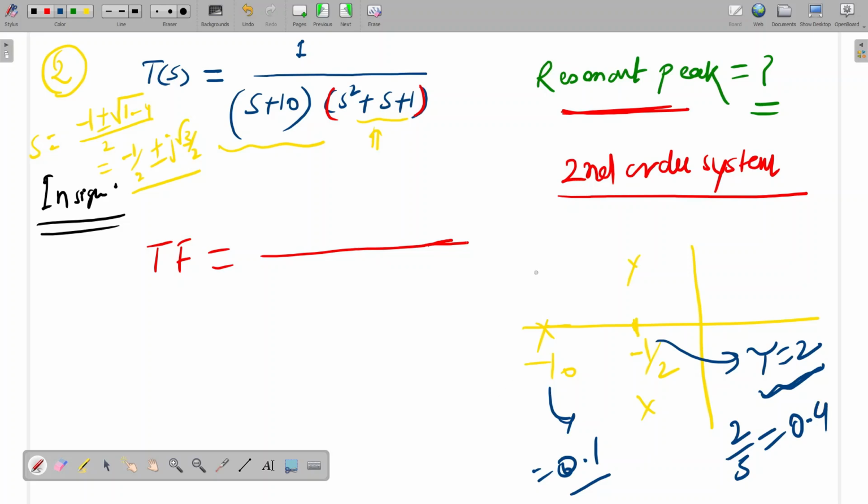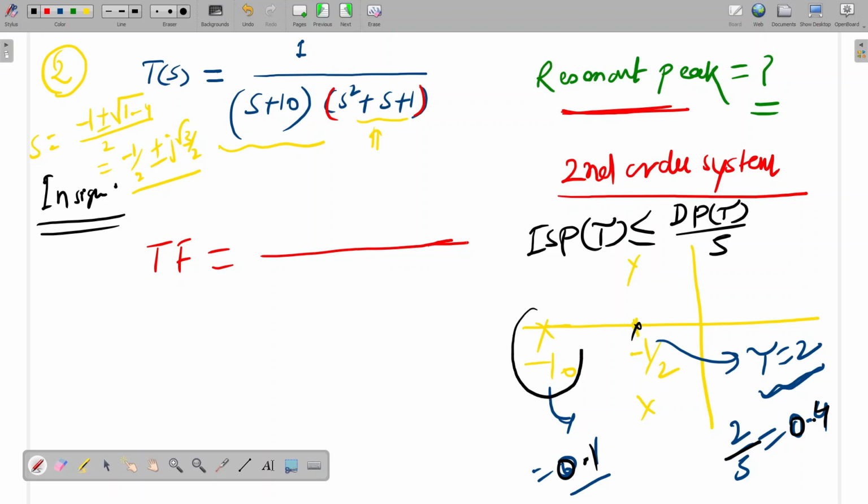So the concept is that the insignificant pole time constant should be less than or equal to the dominant pole time constant divided by 5. So this is the dominant pole, this time constant I have divided by 5, so we are getting 0.4. And the insignificant pole time constant is 0.1. So this is less than 0.4, so this is an insignificant pole, and this can be neglected.